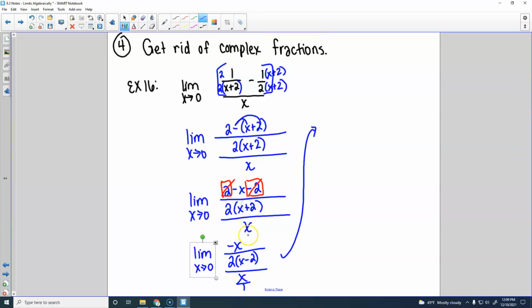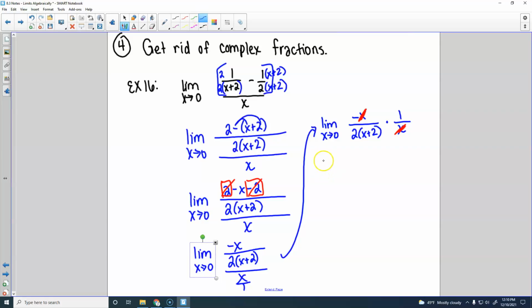So we got limit as x approaches 0 of negative x over 2 times x plus 2, times 1 over x. Now, I can cancel this x with this x right here.